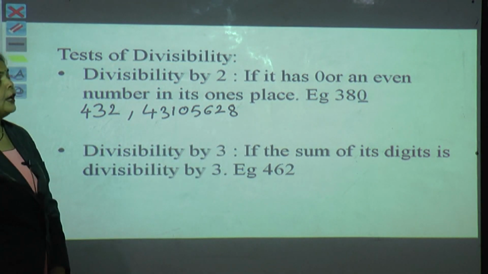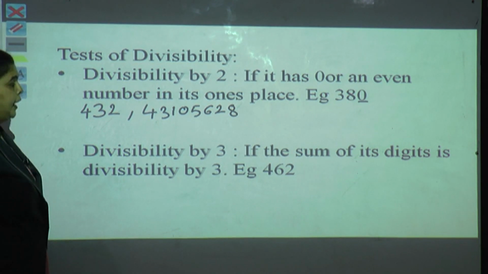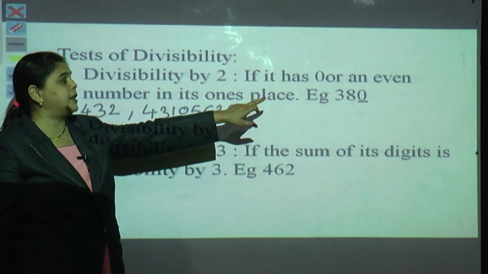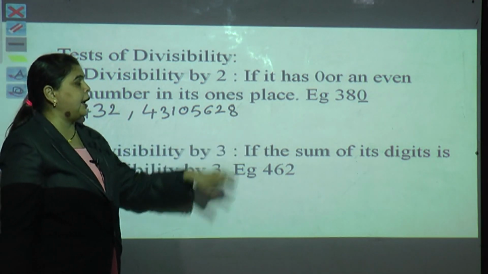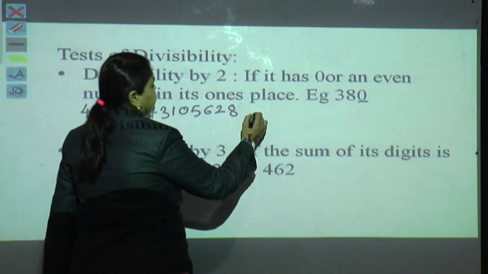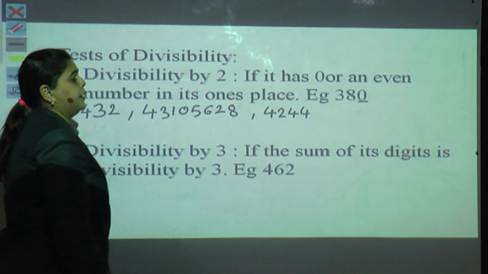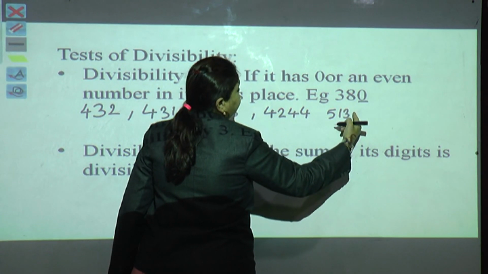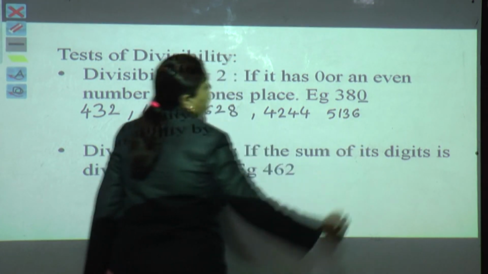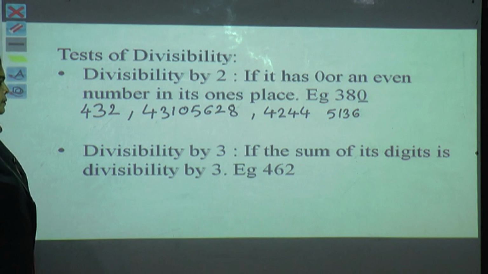First, what are the even numbers? Even numbers are nothing but 0, 2, 4, 6 and 8. We have one more example. 0 is already given, 2 is in the ones place, and here we have 8 in the ones place. One more example: even if all the other digits are odd, if the ones place has an even number, then the number is divisible by 2, giving a remainder of 0.